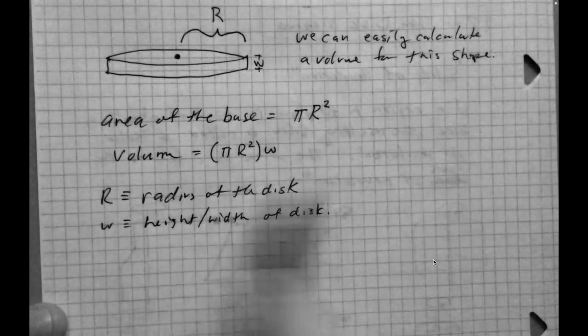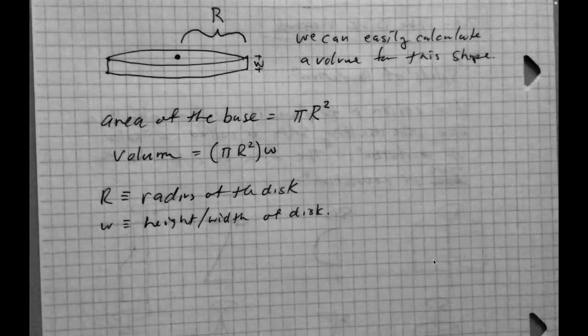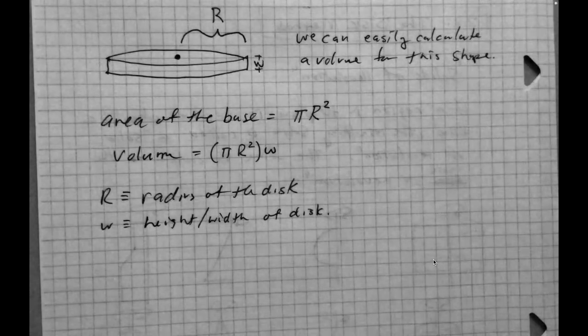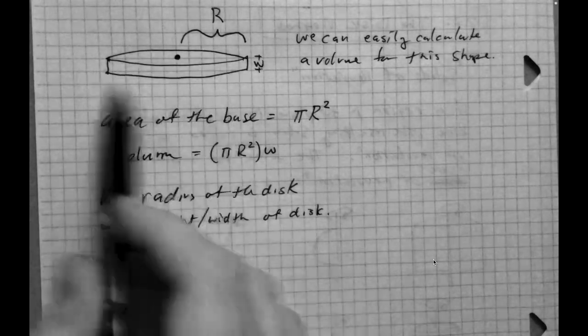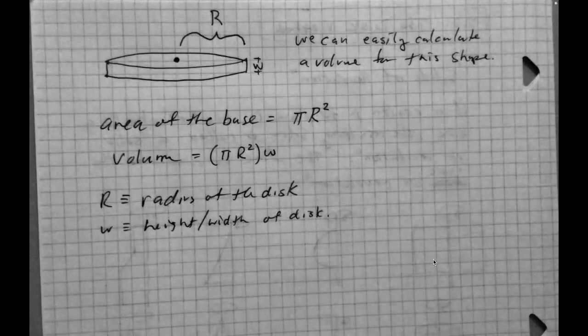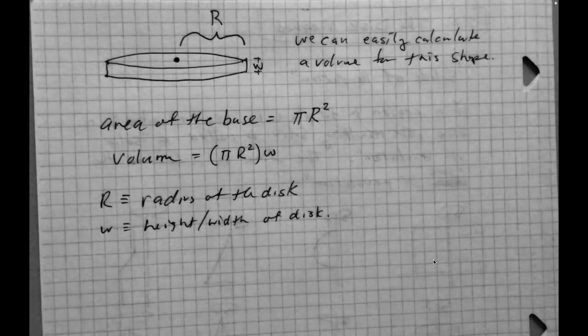To some extent, it's irrelevant which one you choose, just so long as you know what you're talking about. It's the dimension perpendicular to the circle that's formed by the base.